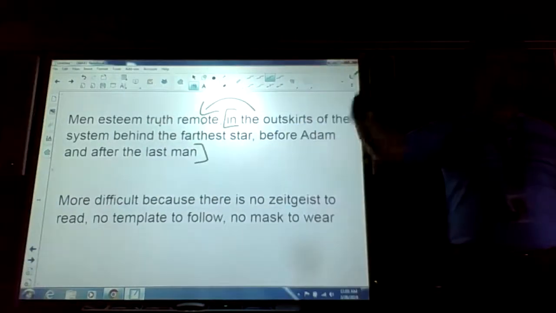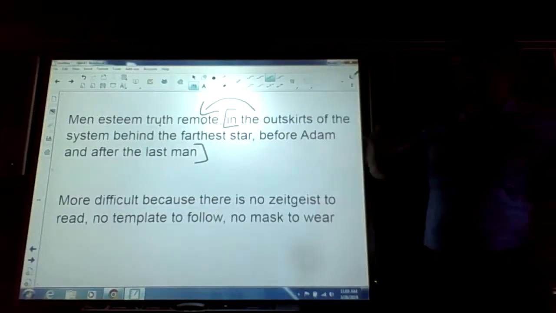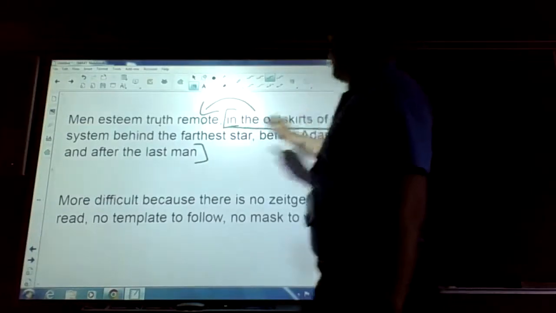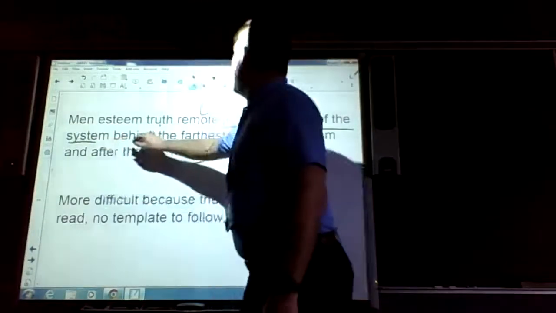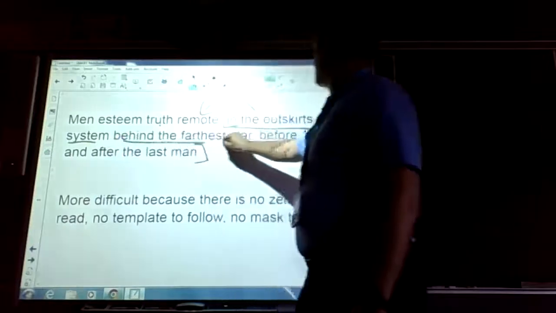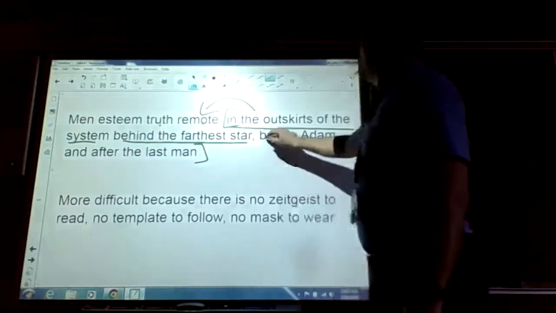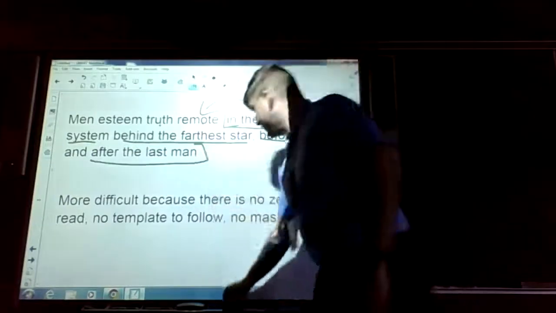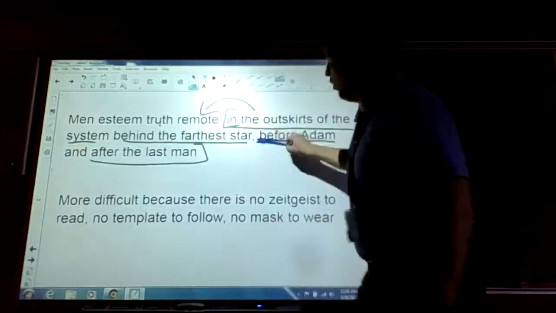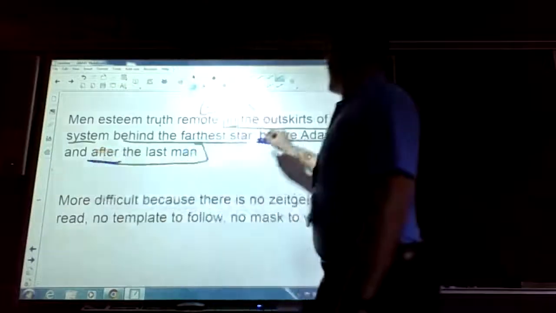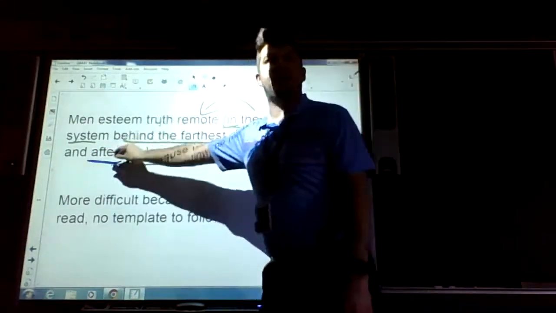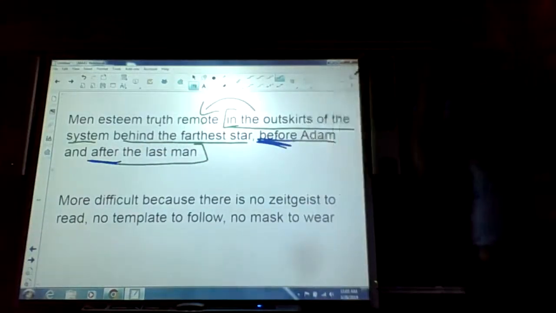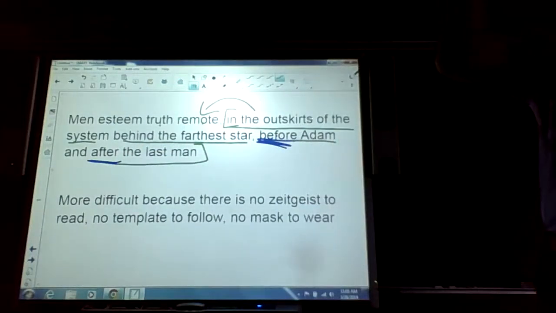This is also an example of parallelism, because you can see in the outskirts of the system, that's one. Behind the farthest star, that's two. Preposition. Before Adam, after the last man. You can see parallelism before and after. These words are similar to each other. It's not like they mean the same thing, but they're underneath the same umbrella of word.